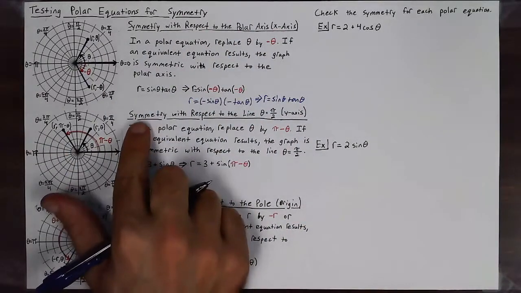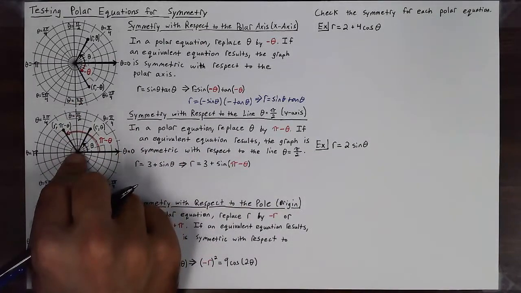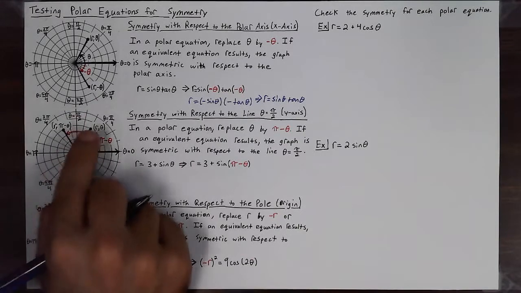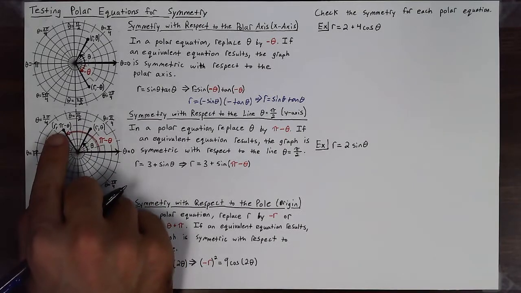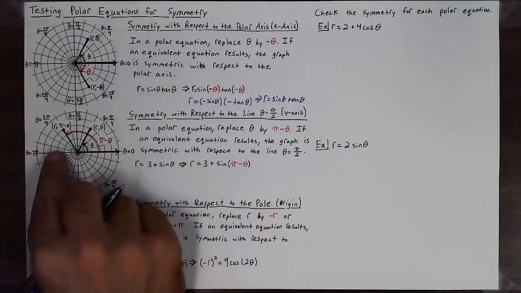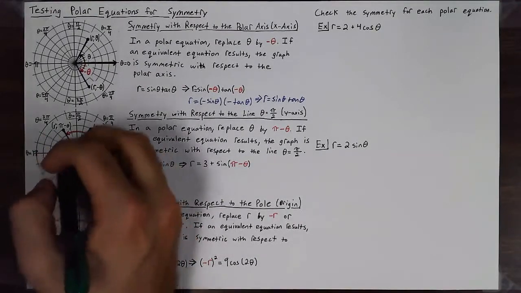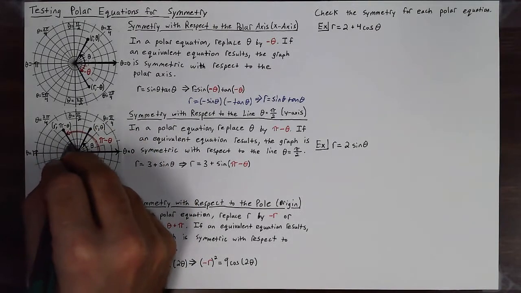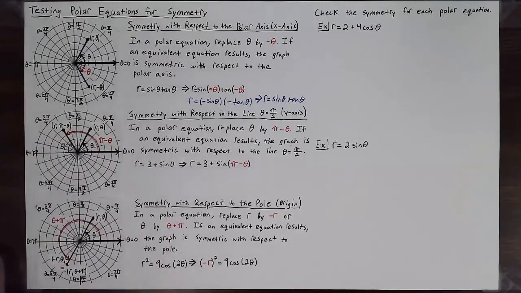Now next we can test for symmetry with respect to the line pi over 2, that vertical line, which means that any point you're given (r, theta), you can also find an equivalent point on the graph at (r, pi minus theta), with pi being a half rotation, and then you take away this rotation, which is equivalent to theta, which is where we get pi minus theta.